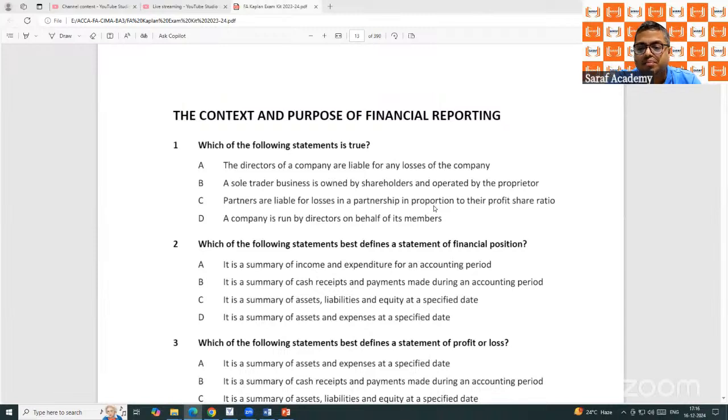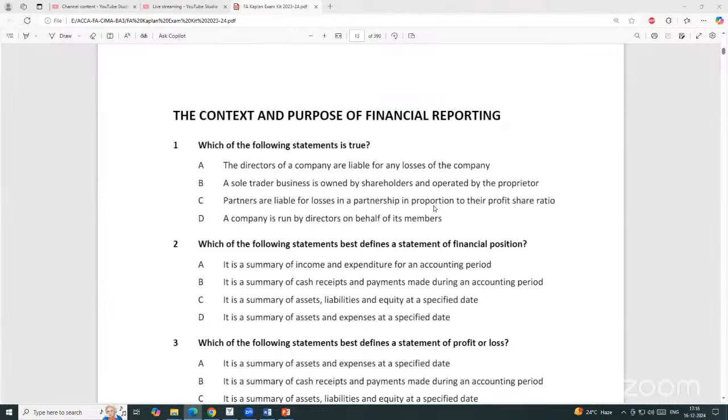Okay? Point number C, why it is correct? In the partnership deed, when they establish a new partnership firm, the profit sharing and loss sharing ratio are already fixed. So whenever a loss is actually incurred, they are liable. Also, the partners have unlimited liability.